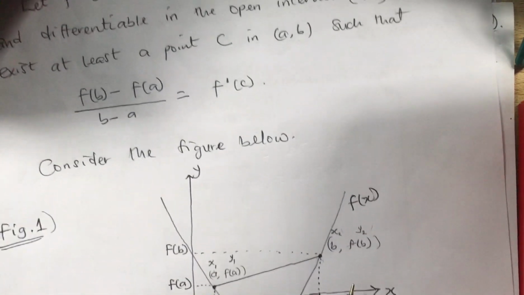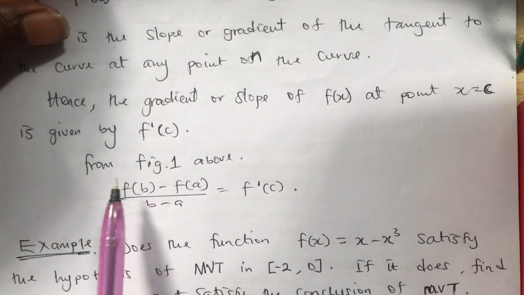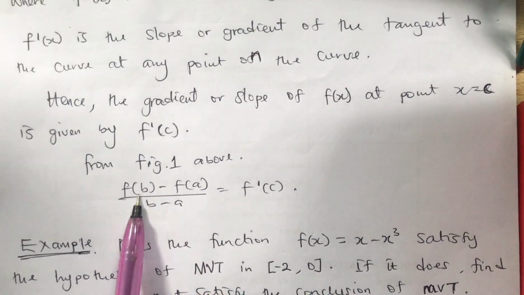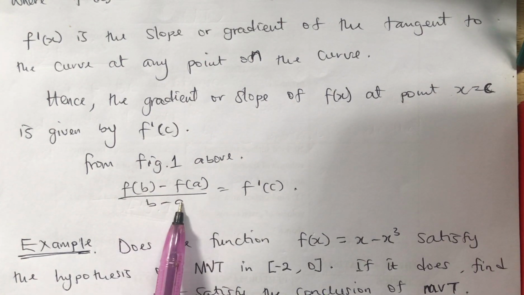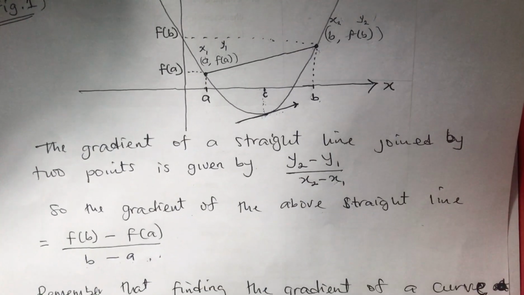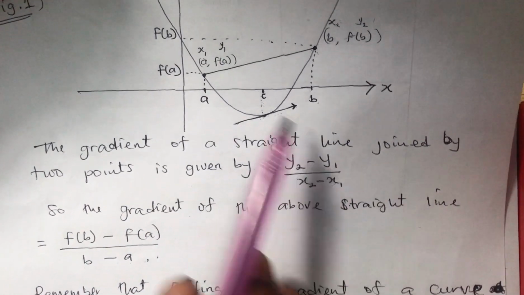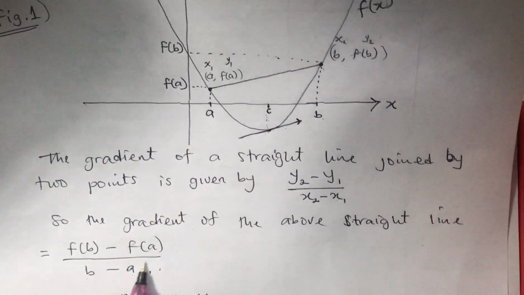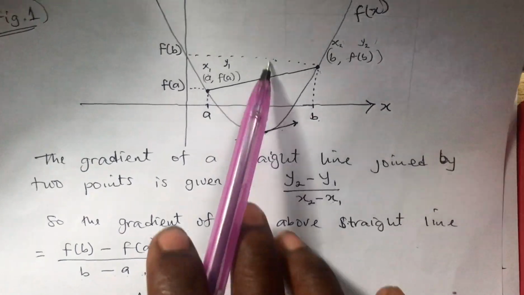So from the conclusion of the mean value theorem, the gradient of the secant line, f of b minus f of a over b minus a, is equal to the gradient of this tangent line at point C, since they are parallel.